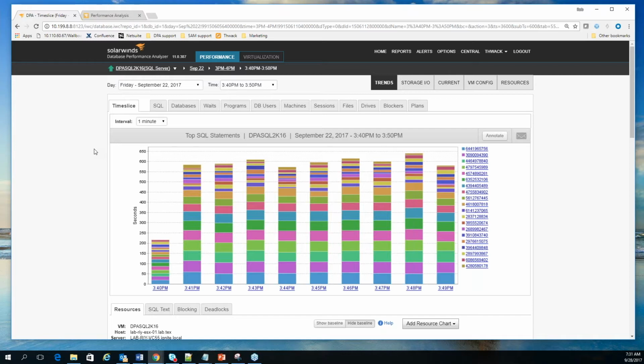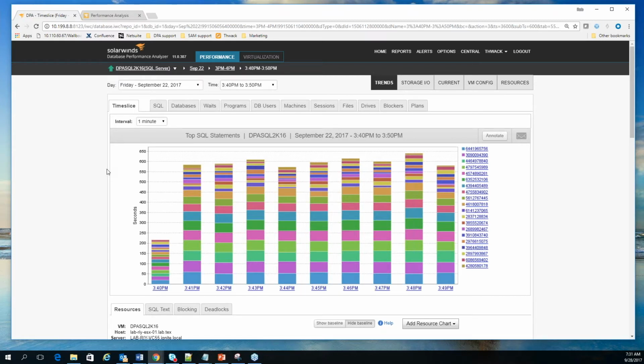So I know that I'm in this server on this day within the 3 to 4 one-hour time period, and then also within this 10-minute chunk of window. So if I drill in further to maybe a specific wait type, or if I drill into a specific SQL, it'll go ahead and add that context to my breadcrumbs. So I can always keep track of where I'm at in the product.